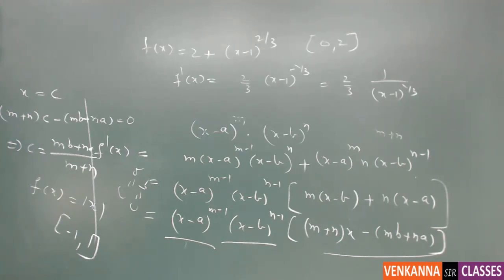So to get that Rolle's theorem is applicable, at each and every point within the interval it must be differentiable. In particular, excluding the endpoints, if you take any point in between 0 and 2, it must be differentiable. That is the condition of Rolle's theorem. So 1 is a point which is lying between 0 and 2. At 1, f dash becomes undefined. So Rolle's theorem is not applicable for this problem. But the function is continuous on the interval 0 2. Okay? Any other questions, please, to anyone?